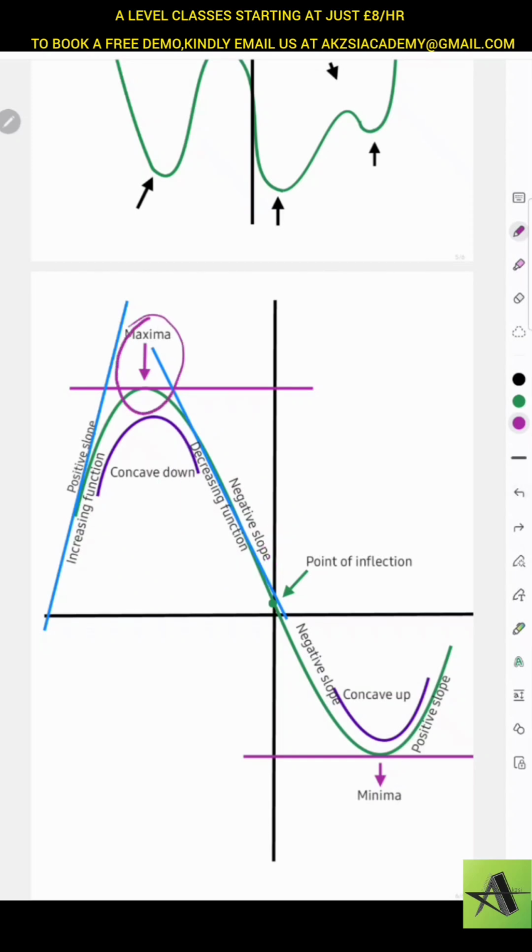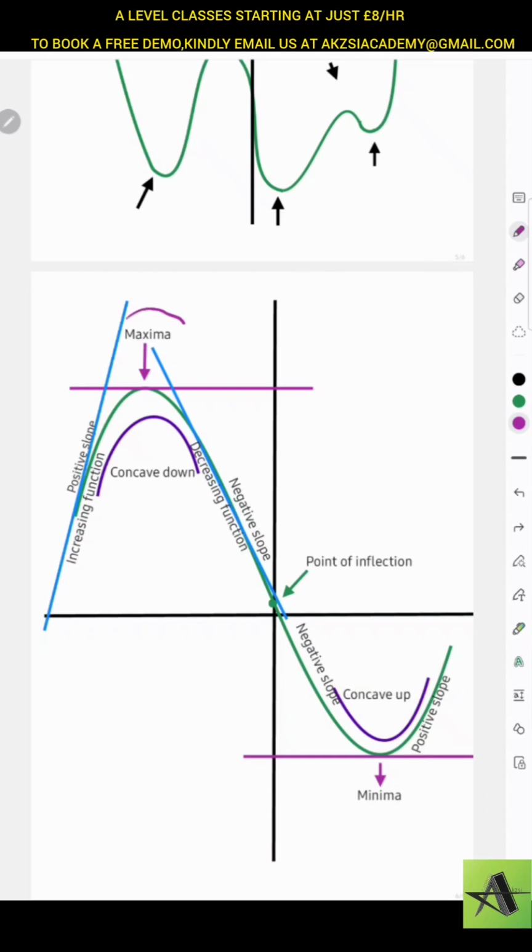This is the maximum point, and this whole shape is called concave down. So when it's concave down, we get a maximum point. The condition for the increasing function, because of the positive slope, is that dy over dx has to be greater than 0, whereas for the decreasing function, where we get the negative slope, dy over dx has to be less than 0.